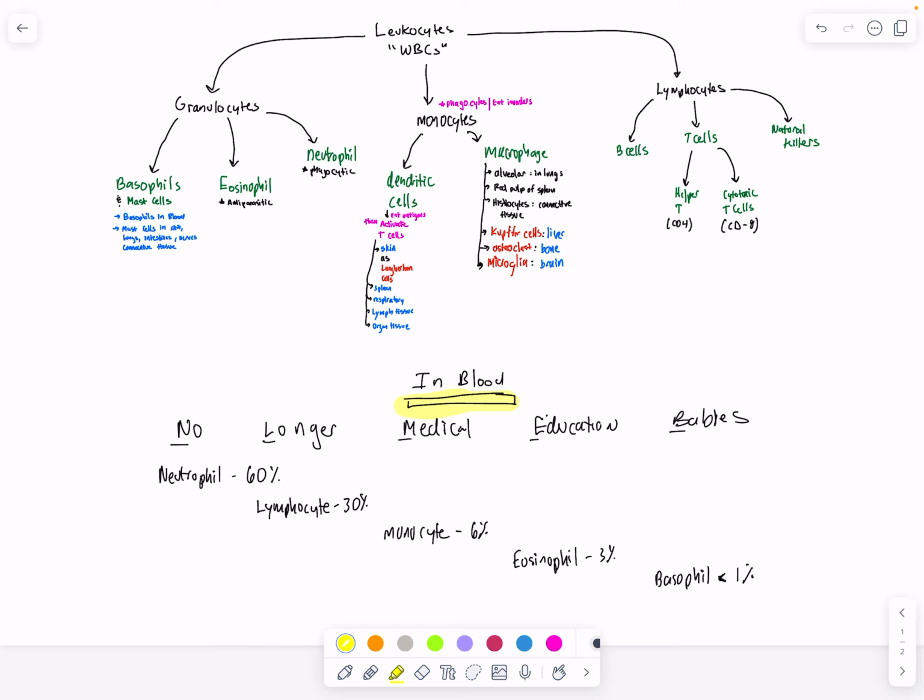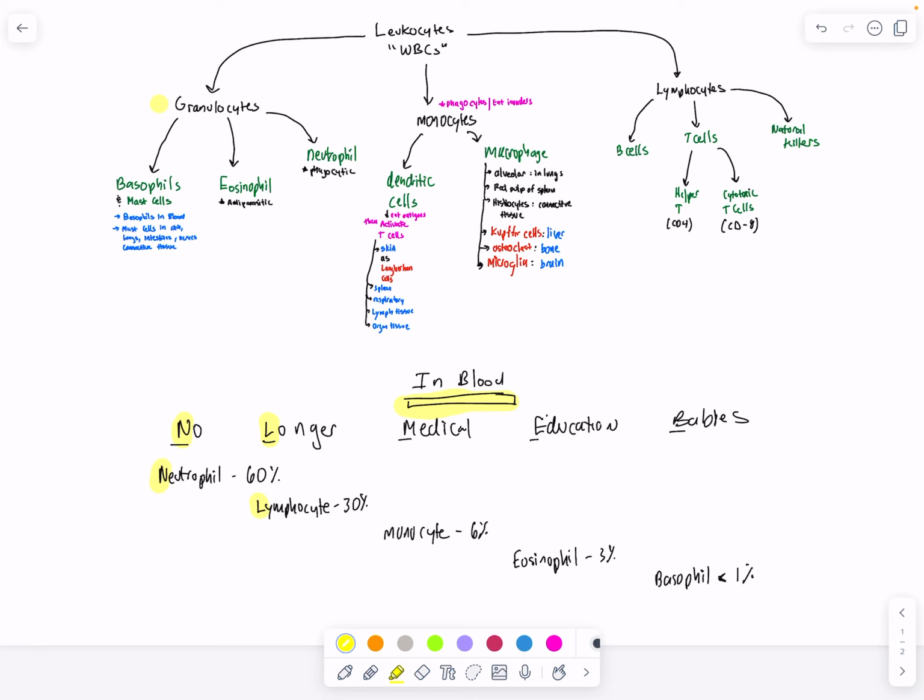And so the idea is that with this mnemonic, you can get the relative percentages of the different types of white blood cells in the blood. And so No corresponds to neutrophil, which we'll see is a granulocyte. That's 60%. Longer is for lymphocyte, which gives rise to our B cells, T cells, and natural killer cells, or those are types of lymphocytes.